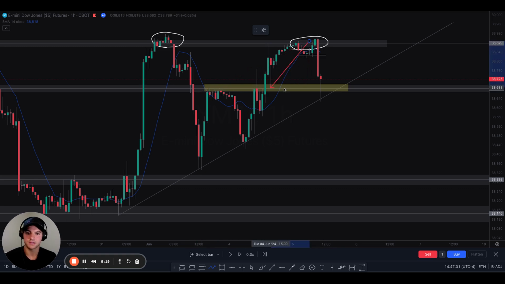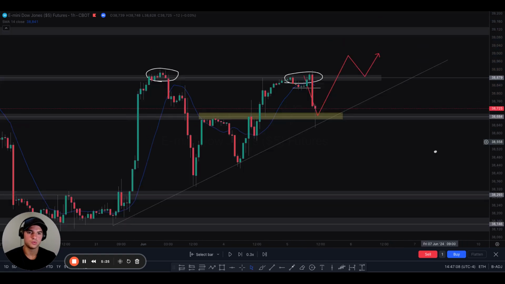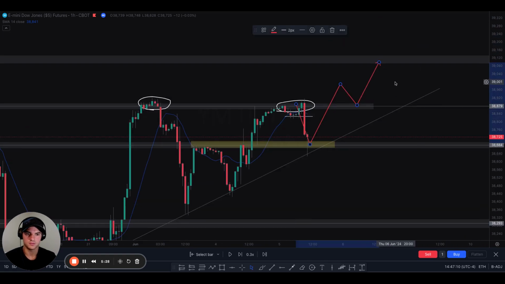This was my second plan, but initially this would make a lot more sense for price to do this, right? Come here, retest the previous resistance, make a new higher low, and then break up this level of resistance here, previous highs, and then make new highs, come retest, and then push up, which I believe is going to be the next move.